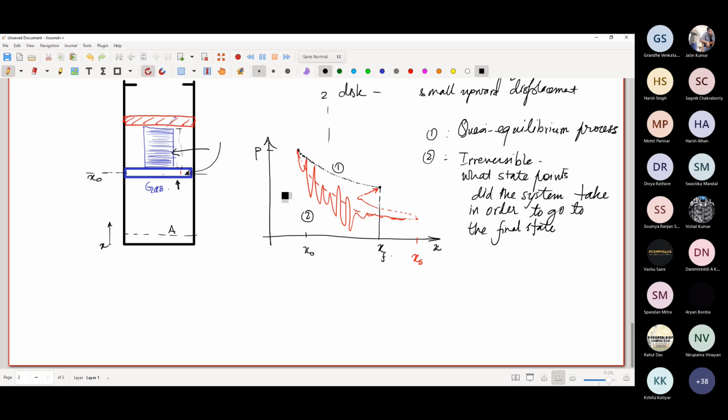How quickly a relaxation happens depends on the nature of the gas and many other things, but this is much beyond the purview of this course. But like I told you, if you do not know how this curve looks, you will never be able to solve a problem. So you will approximate it as this, and that is why I said, regardless of whether you know this or not, you will make this assumption.